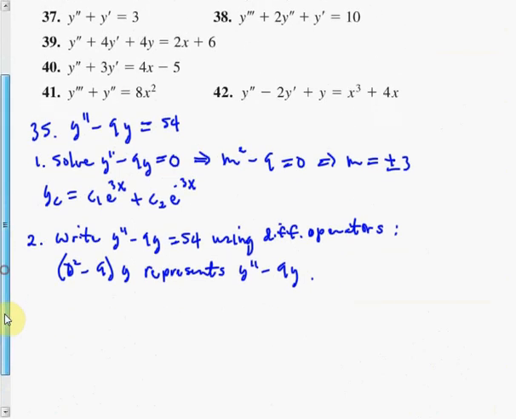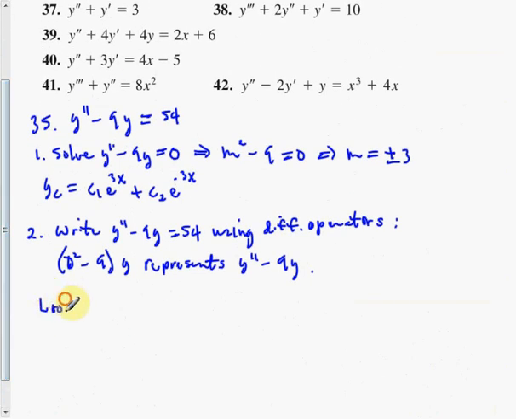Now look here, this would be g of x. Look at g of x, it's 54. What will annihilate 54? You said D? Yes.